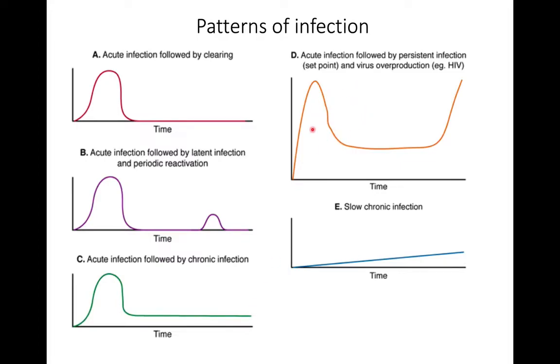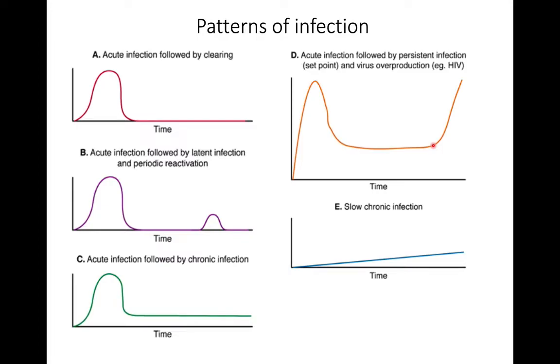D shows us a totally different scenario where, again, we have an acute infection, and this goes down kind of like a chronic one to what we're calling a persistent infection here. So the virus is staying around in the body. It's being made at very low levels for a very, very long time.